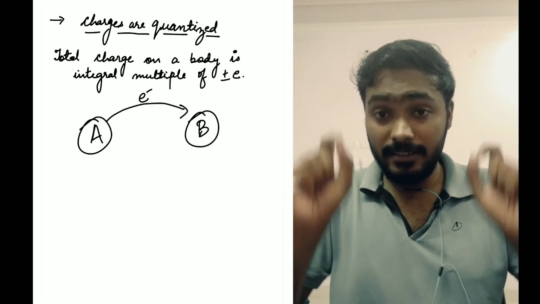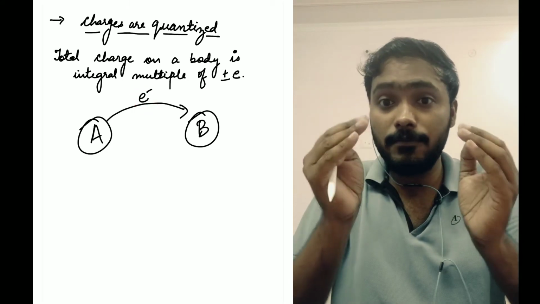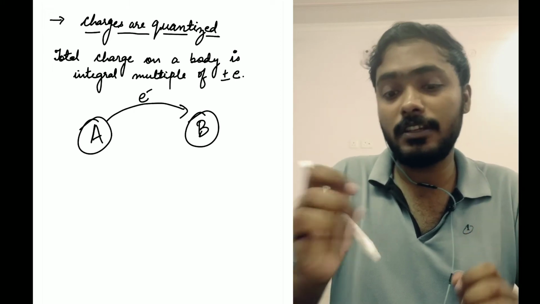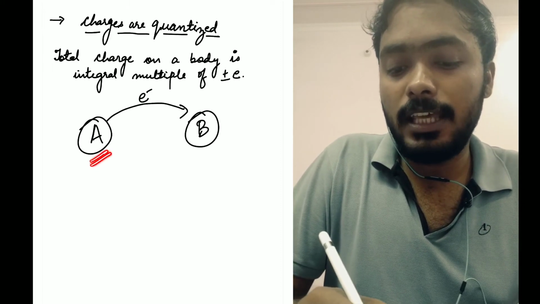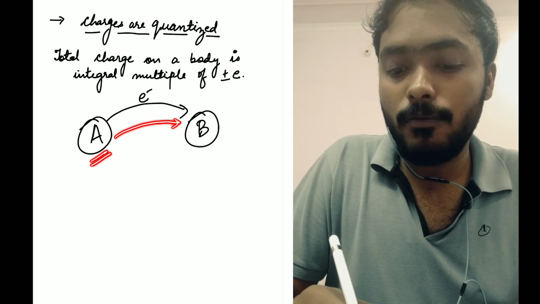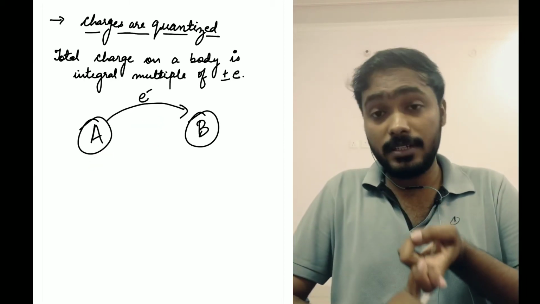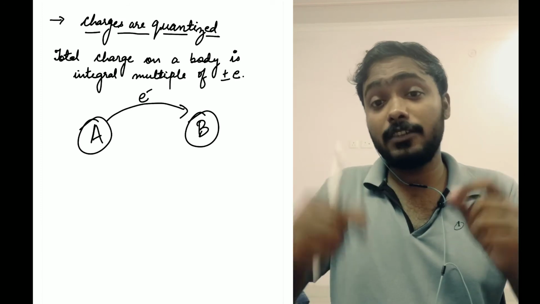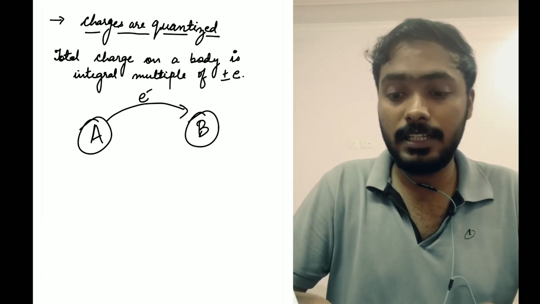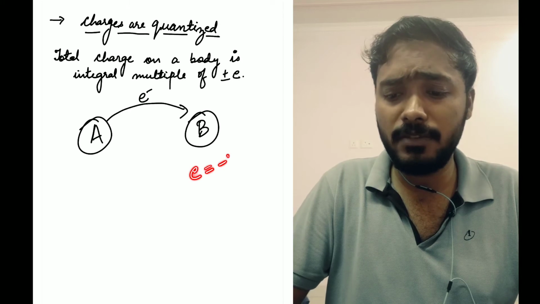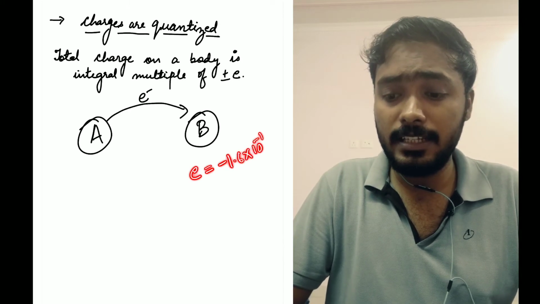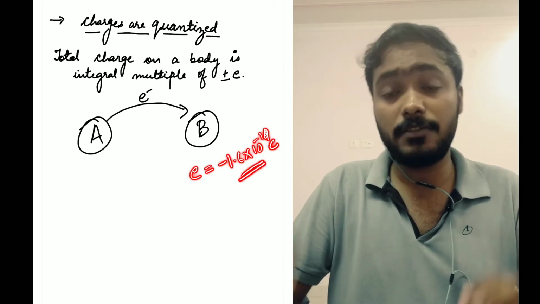Now again, there is a restriction. There is a way of transferring. From body A, I cannot transfer 1.2 electrons. One more thing that we have studied in the previous videos is that the electron has a fixed charge, minus 1.6 times 10 to the minus 19 coulomb. It is fixed.